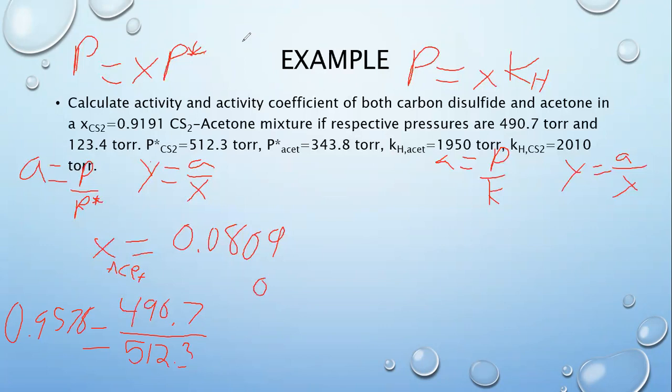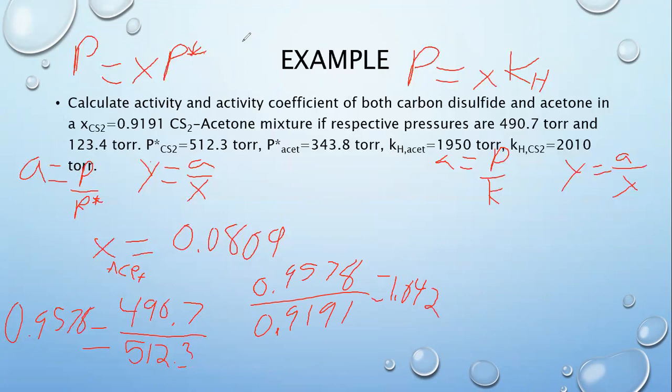So 0.9578 divided by 0.9191. So we have an activity coefficient of essentially 1.04, meaning about 4% more active pressure than we would expect. The pressure's jumped up by a little bit.